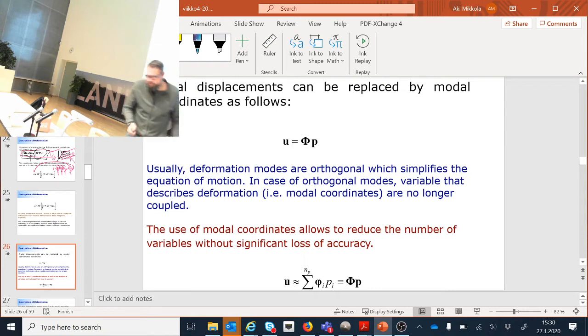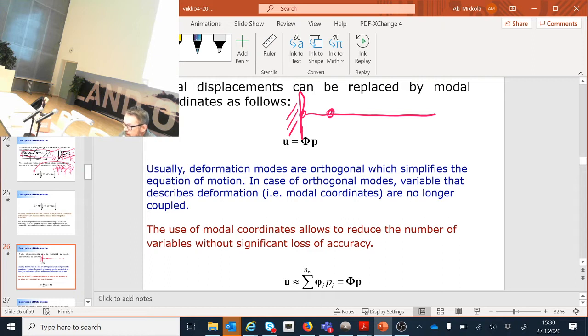Now, let me try to explain this to you. In order to explain this, we have to look at a cantilever beam. I have here a cantilever beam like this, and it is subjected to boundary conditions, so it will disappear at the support. Its displacement will be 0 no matter what.